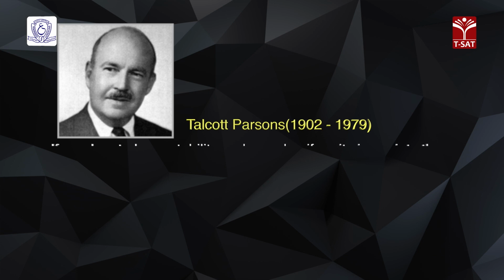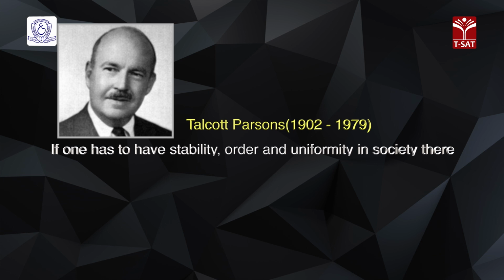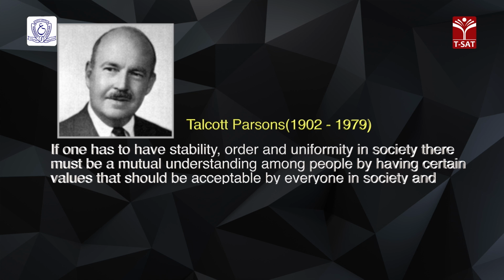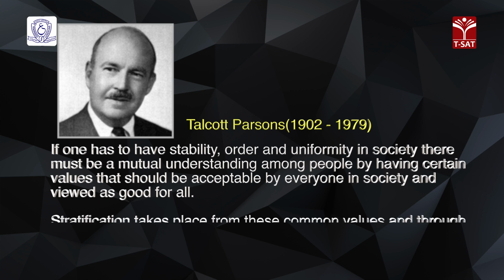According to Talcott Parsons, if one has to have stability, order and uniformity in a society, there must be a mutual understanding among people, by having certain values that should be acceptable to everyone in society and viewed as good for all.